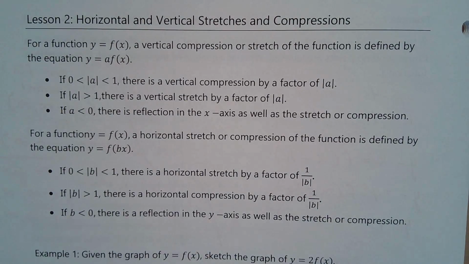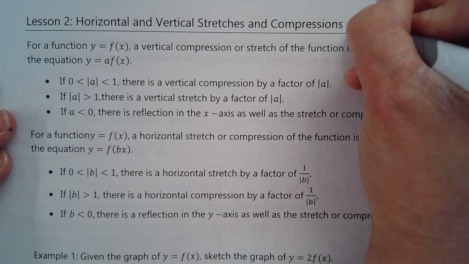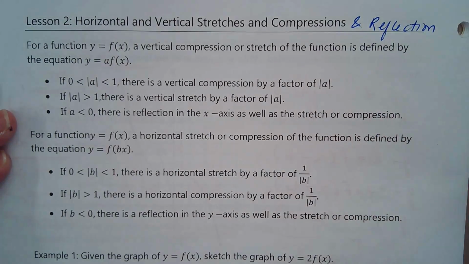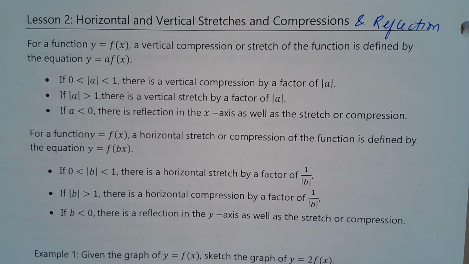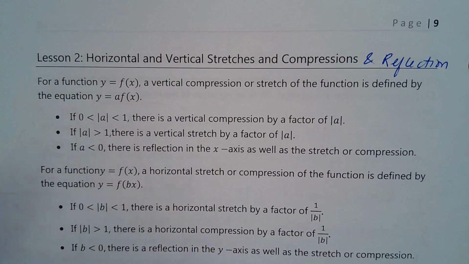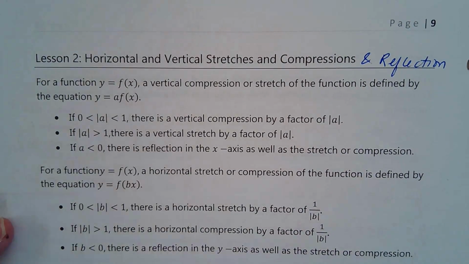And then actually I want to add something in here: reflection. So if you want a complete description of what we're going to do, we're also going to do reflection, on the x-axis and the y-axis. So let's get started.